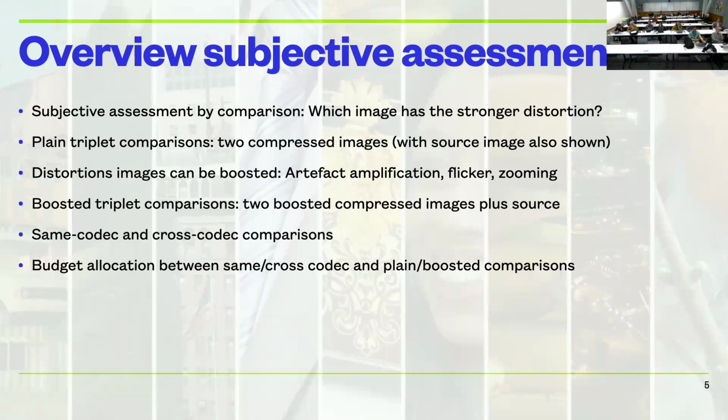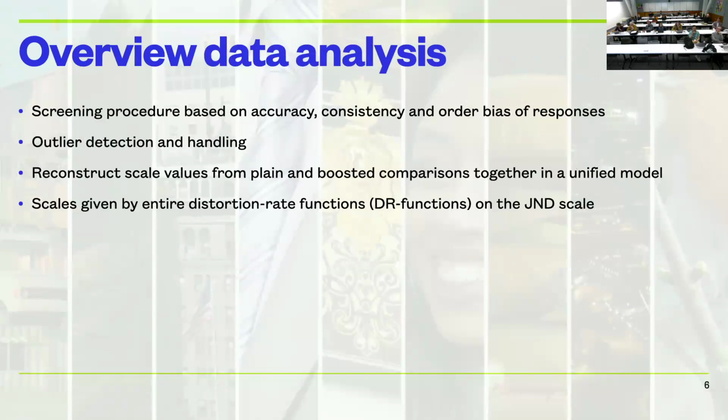And we have to then decide in the recommendation what the budget is for the same and cross codec comparisons, and also the budget between plain and boosted comparisons. And we did some experimentation to find out what our recommendation would be. And then after this assessment, we have to do the data analysis.